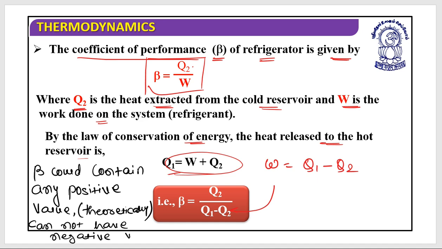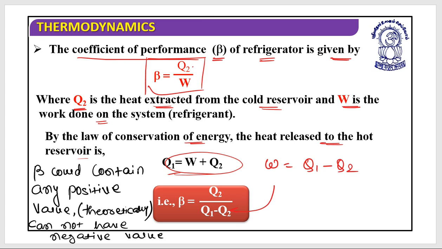Beta could not be minus 1, minus 2, or minus 0.5, but it could have any positive value. Practically it is always greater than 1, but let's not discuss that at this point. So the coefficient of performance of a refrigerator can have any positive value.